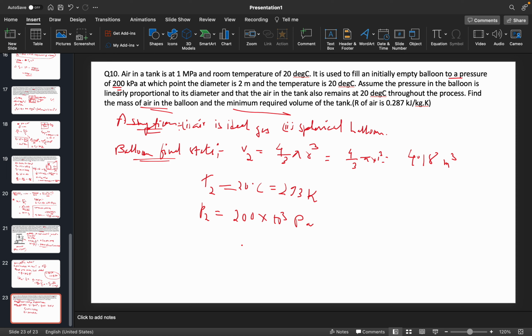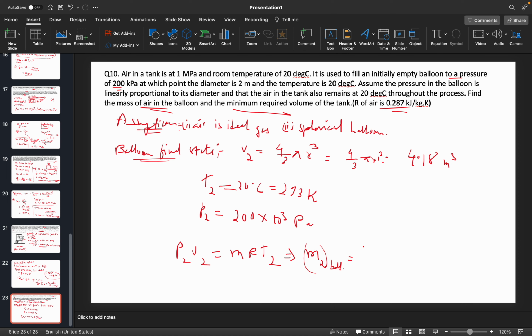And R is given to you. So P2 V2 equals m R T2, and from here we can calculate the mass of the air in the balloon. M2 we can write as balloon, because in the next step we have to use this part also.